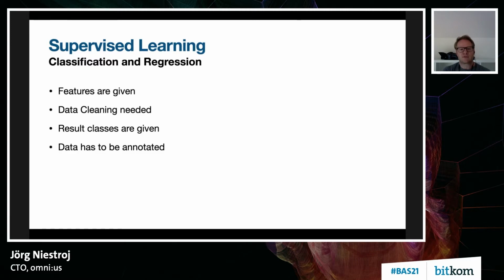And so you have to select the features upfront, and then you have to maybe clean the data and find lines where not all features are set, and fill the gaps with logic or remove those lines. And also maybe the data has to be annotated.